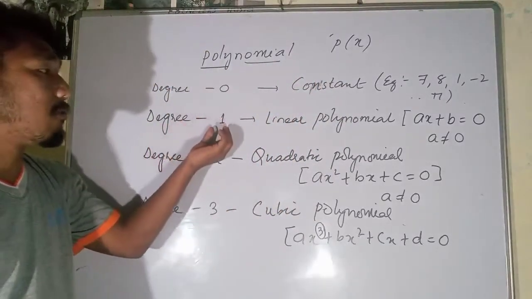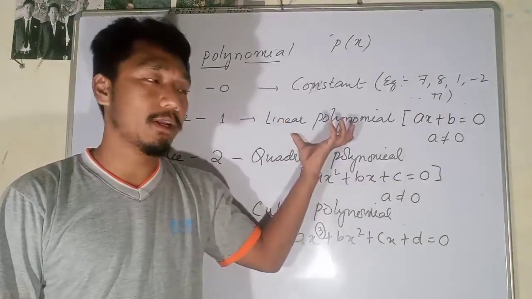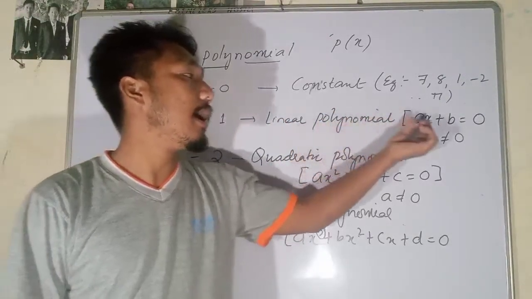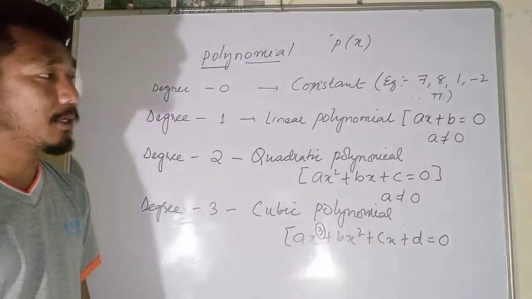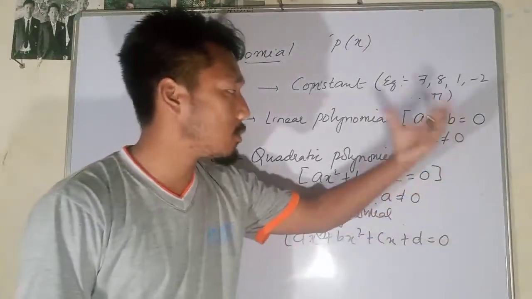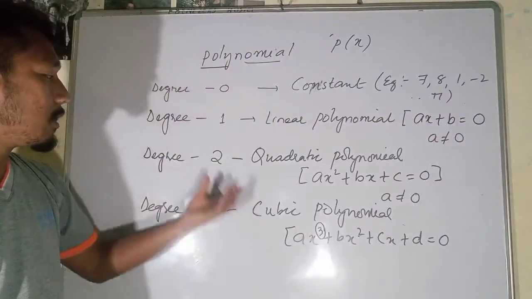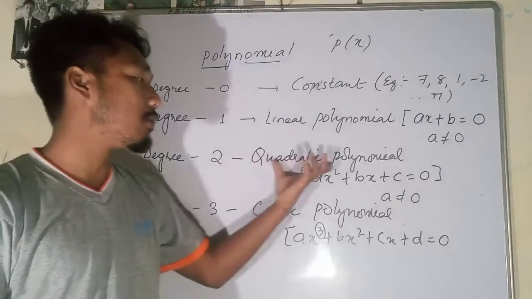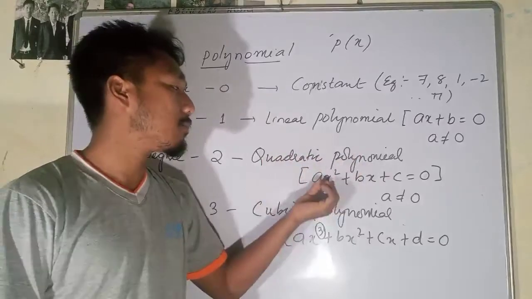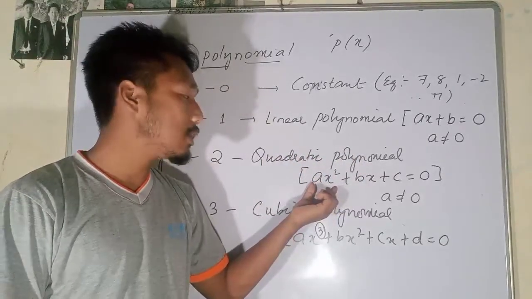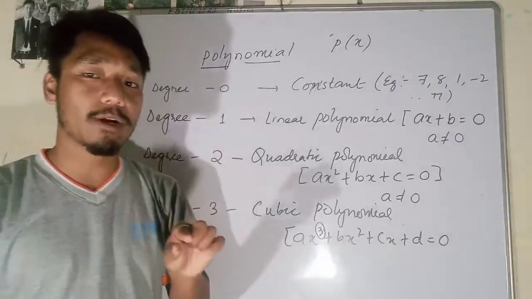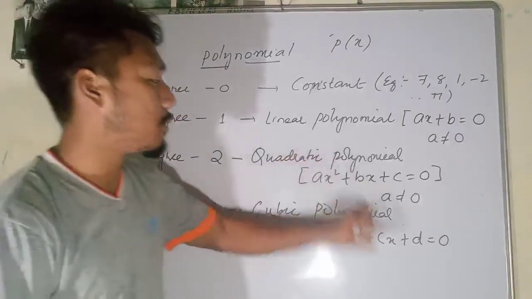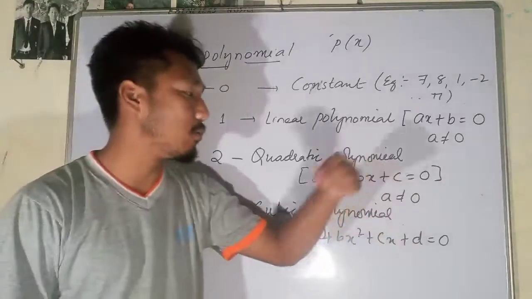If the degree is 1, such polynomials are called linear polynomials, and their general form is ax + b = 0, where a should not be equal to 0. Similarly, a quadratic polynomial is one whose highest degree is 2, where a should not be equal to 0.